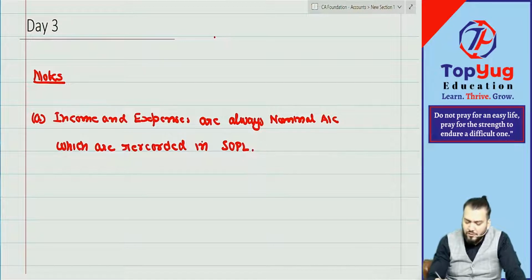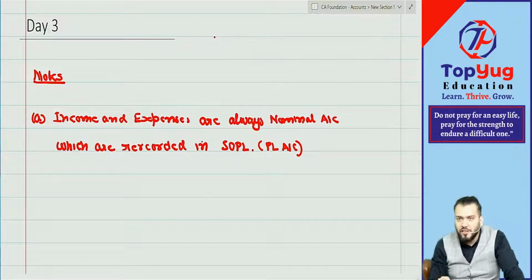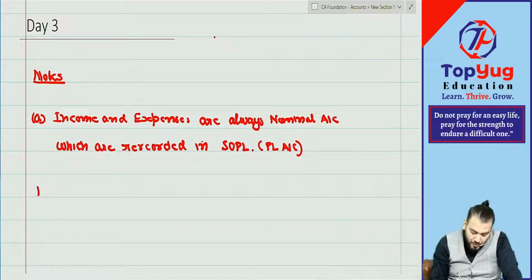Correct. We also call it profit and loss account. So profit and loss account and statement of PL are the same thing. You can use statement of profit and loss, SOPL. You can write down in full if you want, statement of profit and loss or profit and loss account. Okay. First note you have understood.